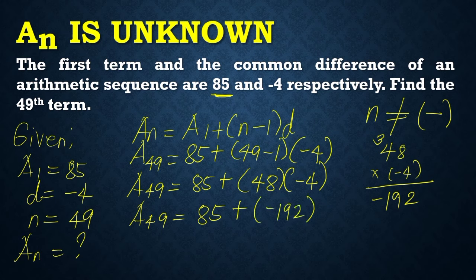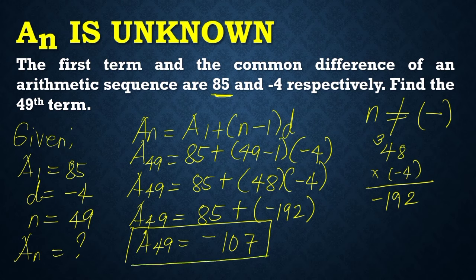Okay? And then, we add 85 and negative 192. If we follow the sign of the bigger value, the resulting sign will be negative. 192 minus 85 is 107. So, our answer, the 49th term of the arithmetic sequence, is negative 107.